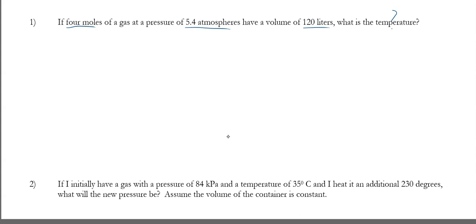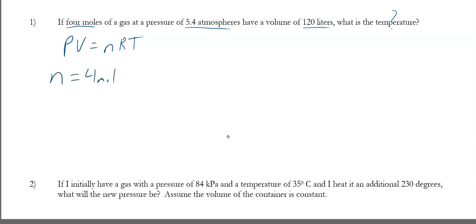Notice there's no change in this. It doesn't say the pressure changed or the volume or temperature changed. And so this is an ideal gas law problem. We're going to use PV equals nRT. Let's write down our variables. So we're given N is 4 moles.